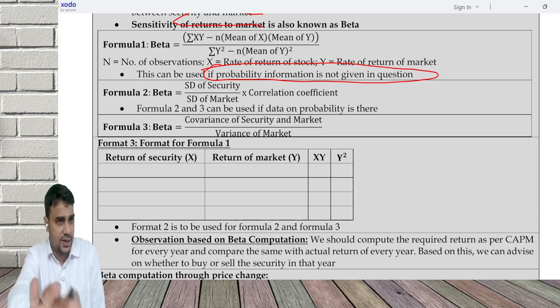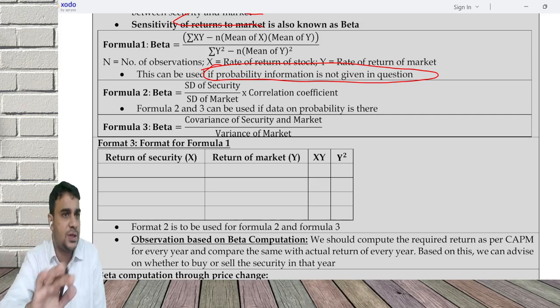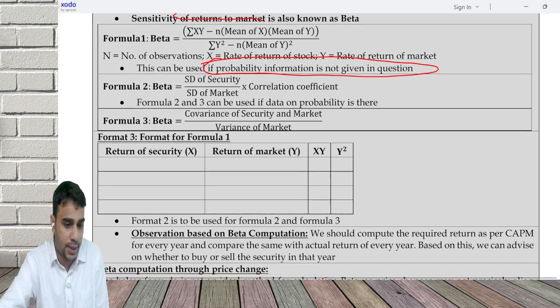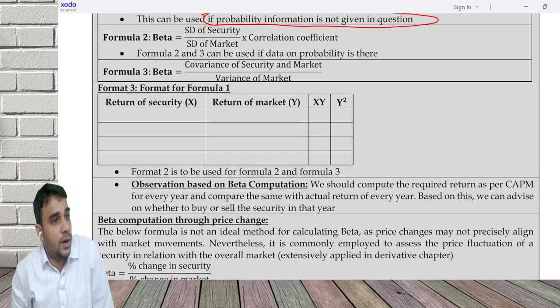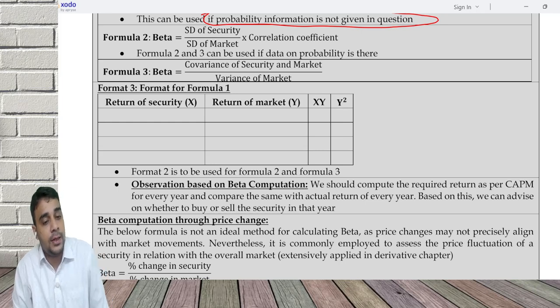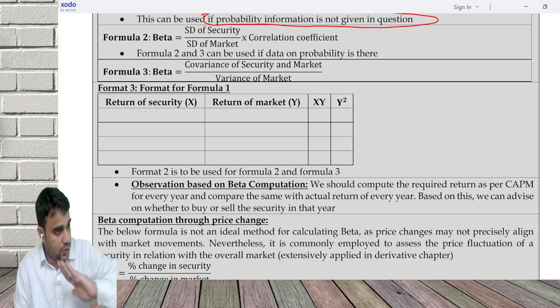Everything what I gave in chart is mentioned here. I feel chart could be easy to understand. That's why I told you to write this. Format for formula 1: return of security, return of market, xy, y square. Format 2 is to be used for formula 2 and formula 3. Clear? Any doubts till this?